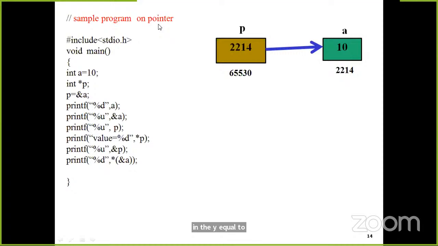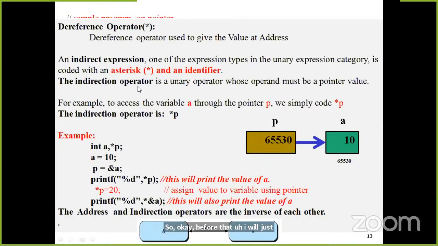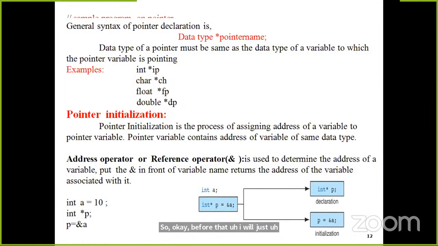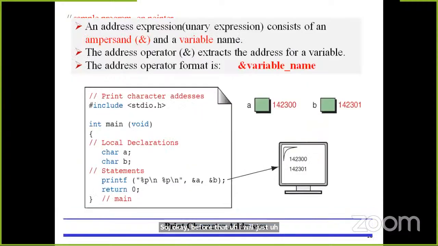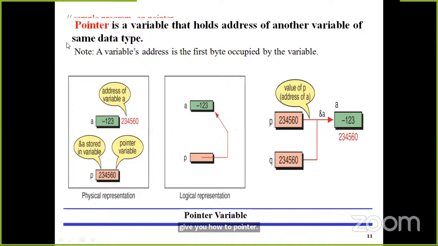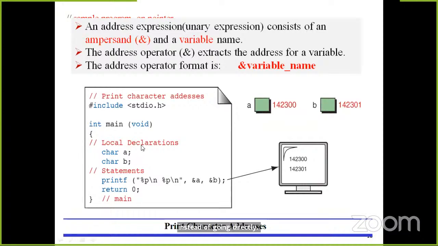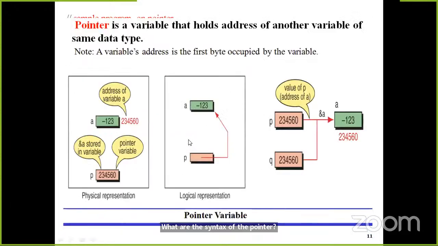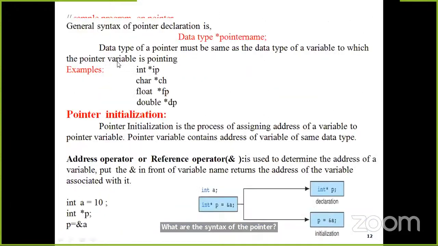Before that, I will just show you how to print the address instead of going directly. So what is the syntax of the pointer? The pointer syntax is similar to normal data types.